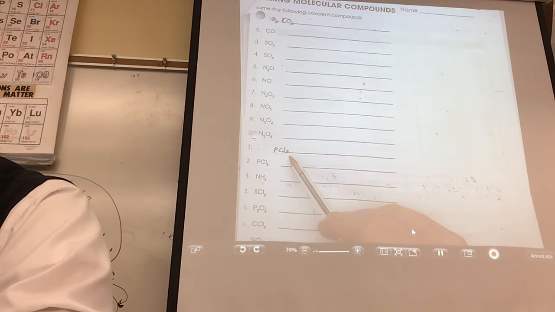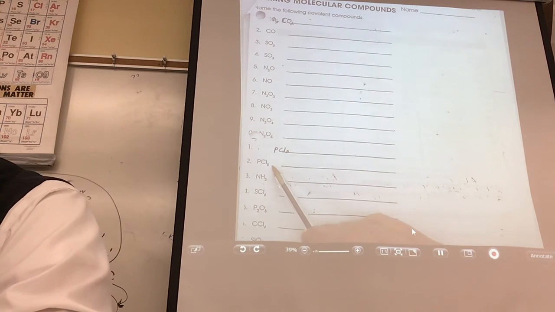PCl3. Not potassium, that's phosphorus. Trichloride. All binaries end in ide. Go.